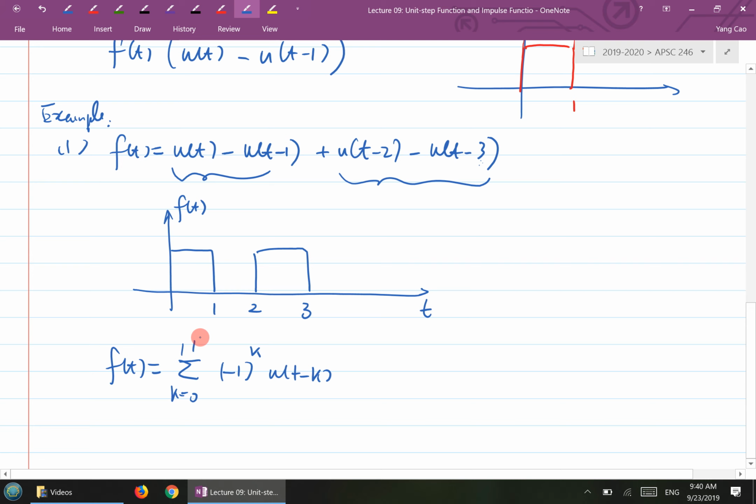So you can keep adding boxes behind it. This is what we call unit pulses. If you put so many together, you get a pulse-type graph. Each part has a unit length and unit height.